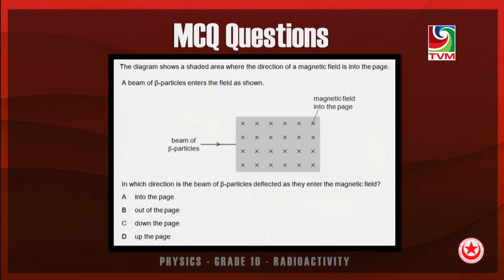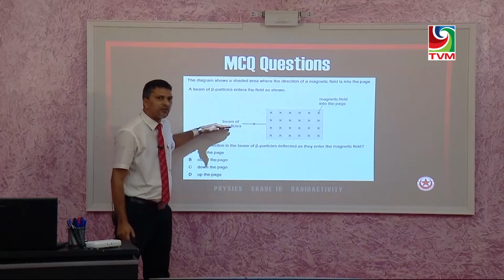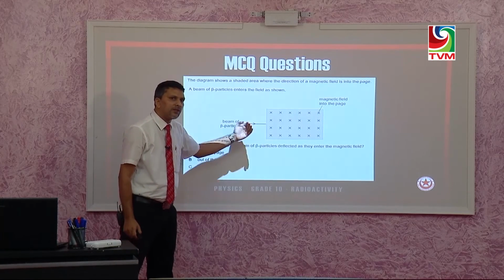Here a beam of beta particles enters the magnetic field. The magnetic field is into the page. So we have to use Fleming's left hand rule to find the answer for this one. We know a beta particle is a fast moving electron, so the current is the opposite way.